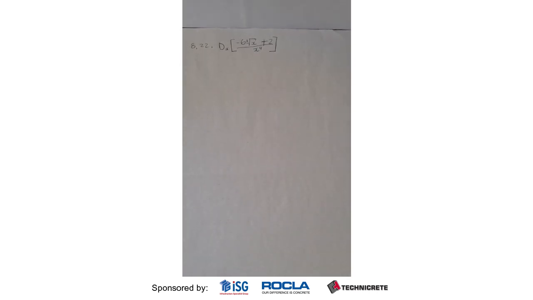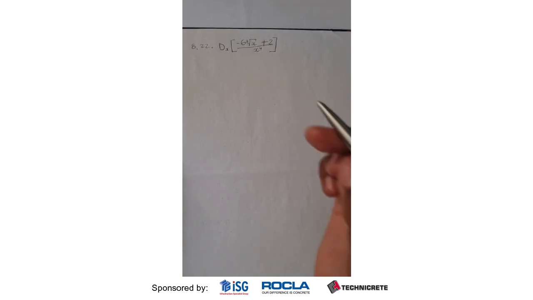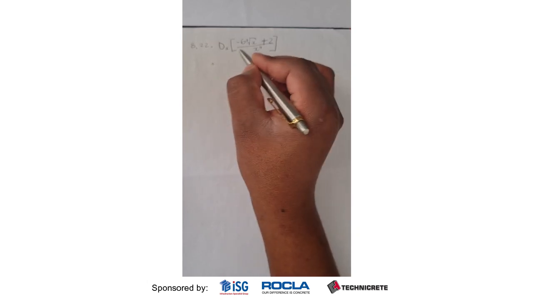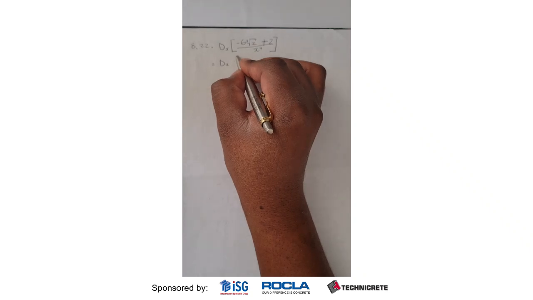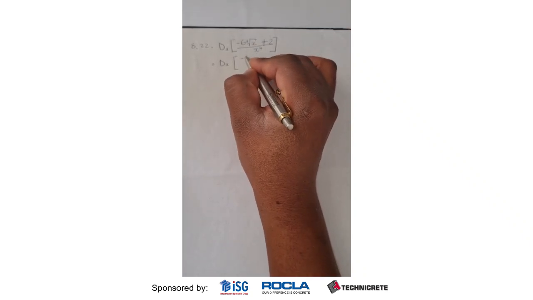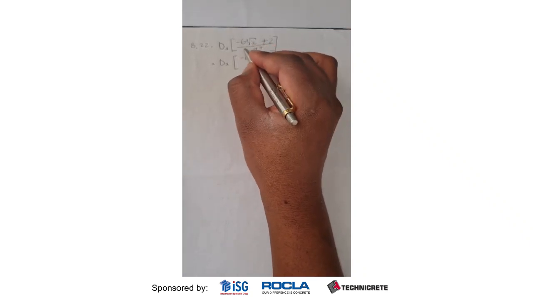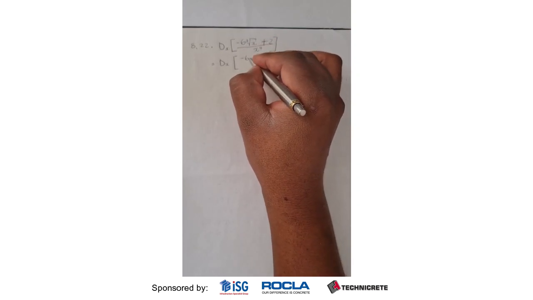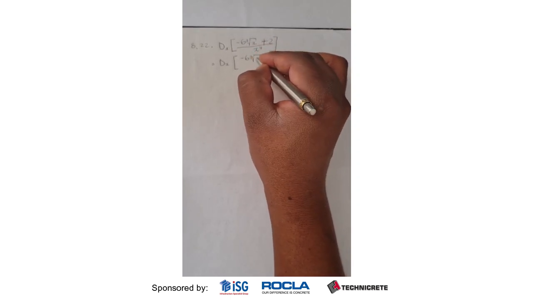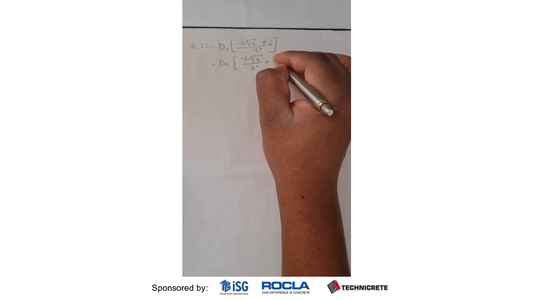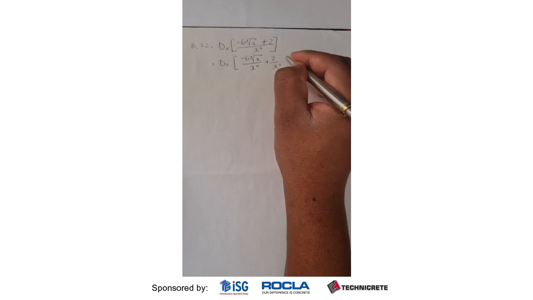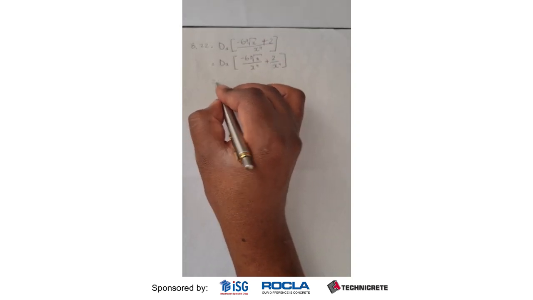Now, there are several ways to go about doing this. The best way will be the following. I am going to separate out this fraction, so it becomes the cube root of x all over x to the 4, plus 2 over x to the 4, just to separate it so I can see it a little bit better.